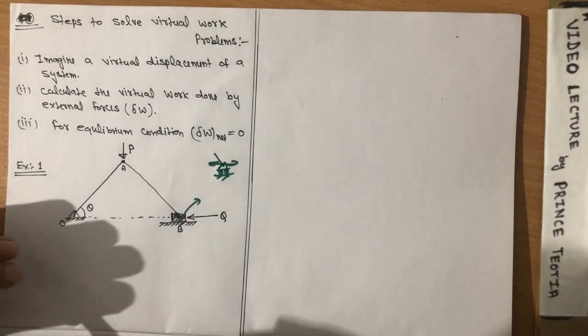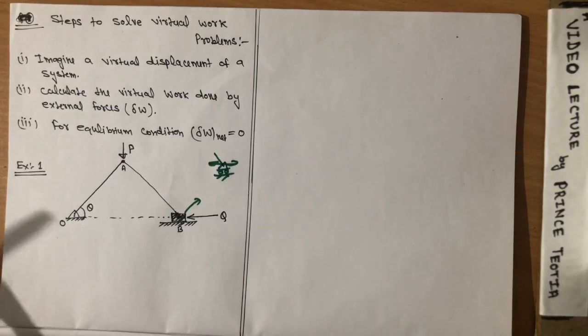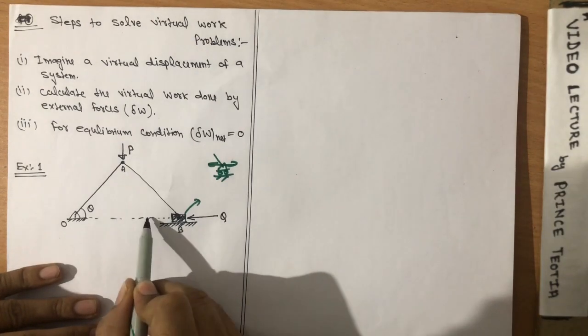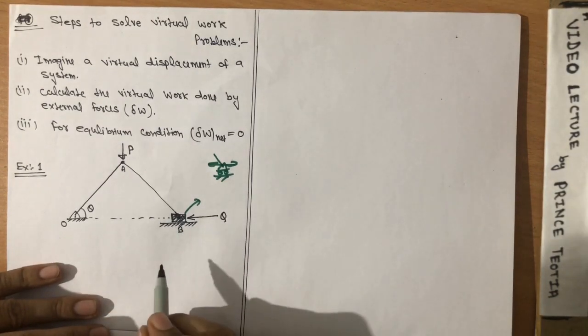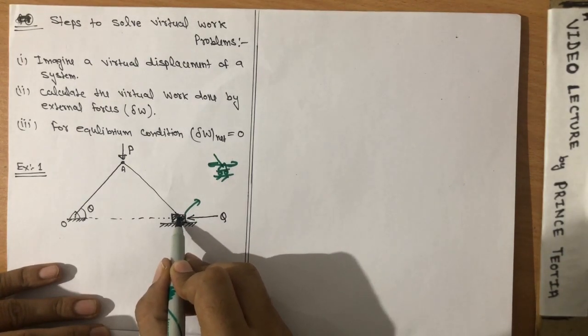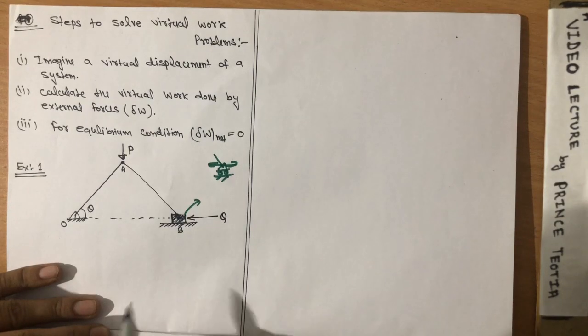Okay, so first we have to give the displacement to this system. So in which direction you can move, you can give the displacement either in this direction or in this direction. Okay, suppose हम assume करते हैं कि a small delta s displacement is in this direction.